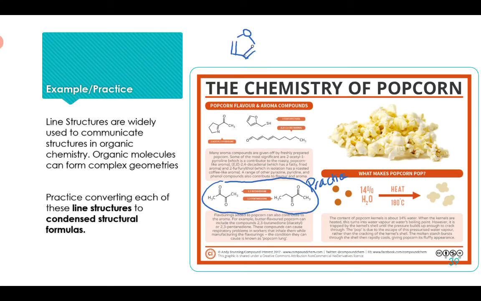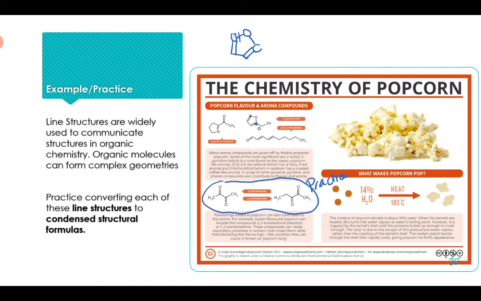What I am trying to do is label my corners so that I know how many hydrogens are on each carbon. This corner right here, I see 3 lines, and so that means that carbon must have 1 hydrogen. That's not a condensed structural formula though, because I just expanded out that hydrogen. So let me just write it in there.